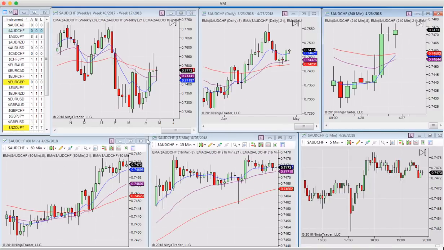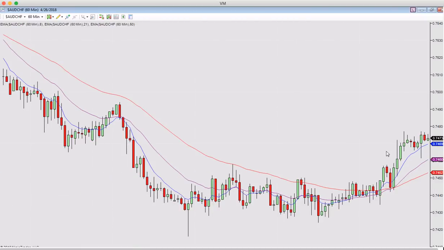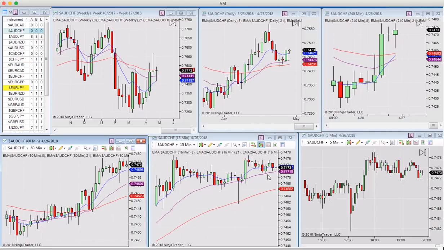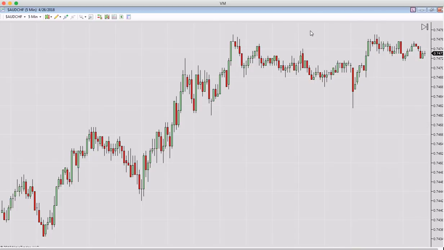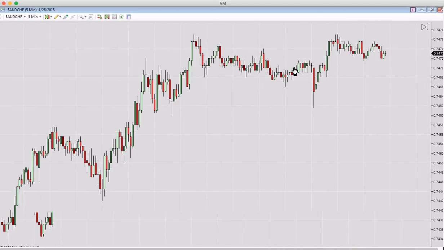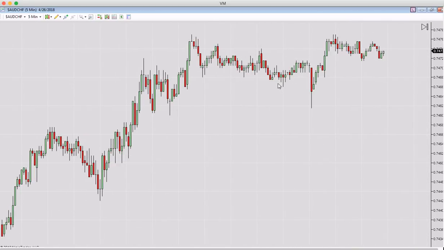We're looking for a 60-minute chart that's somewhere between the blue line and the purple line, and we've got it here. So that's not too bad. This isn't the ideal chart by any means, but it's an acceptable risk-reward trade, and we're not trying to know the future. We're just trying to get an acceptable risk-reward trade.